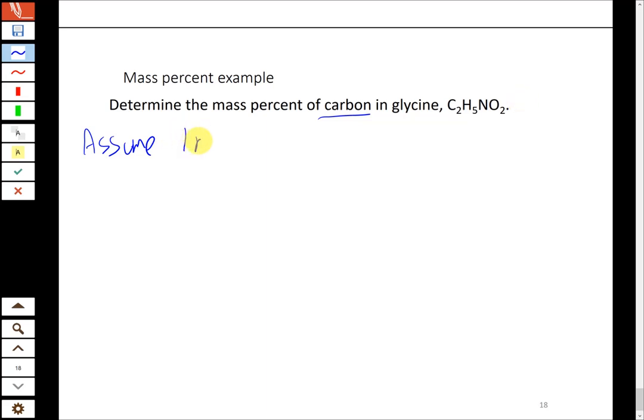So if we have 1 mole of this compound, we saw earlier that the molar mass was 75.07. So that means 1 mole of compound has a mass of 75.07 grams. That's the whole compound. That's the denominator in the mass percent calculation. But if we want to find the mass percent of carbon, we need to find out how much of this 75.07 grams comes from the carbon.